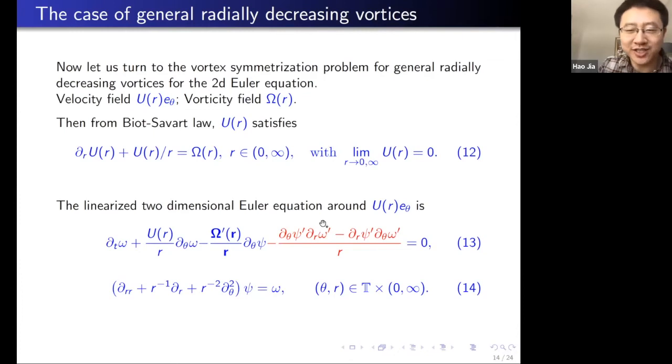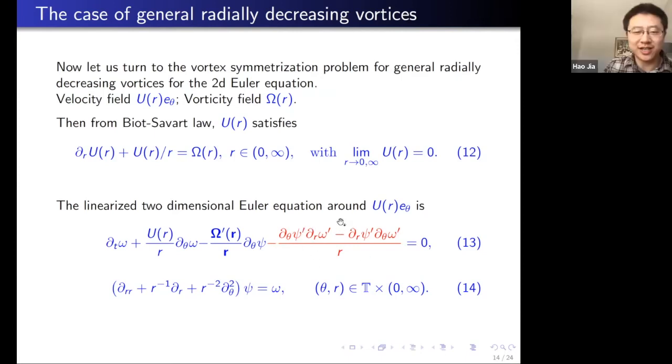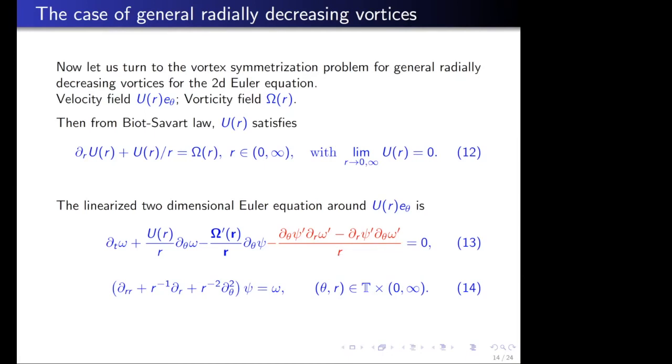Oh, good question. Sorry, I pasted from the point vortex case. You're right, there shouldn't be a prime here. It's just psi and omega. Thank you very much for the correction, because I copied it from my point vortex slide, and I should have made some changes.